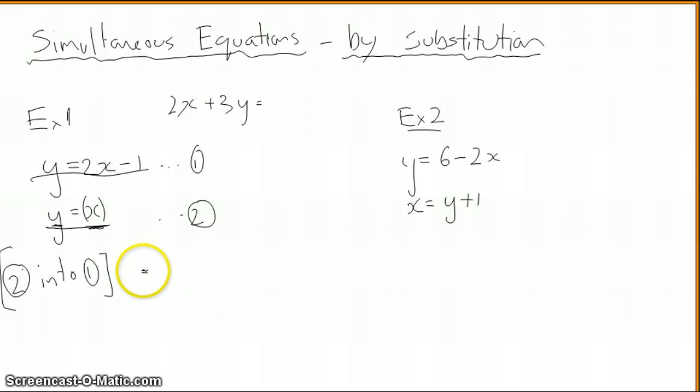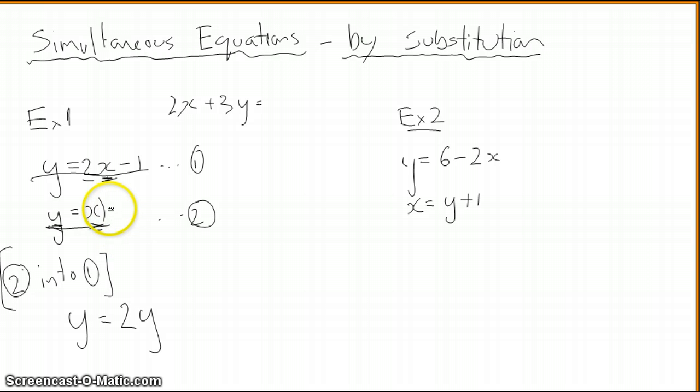So writing out equation 1 reads y equals, but instead of putting an x, I'm going to put in y. So I'm just writing out equation 1 as I see it, but instead of putting an x, I'm putting a y because I'm substituting what y equals.